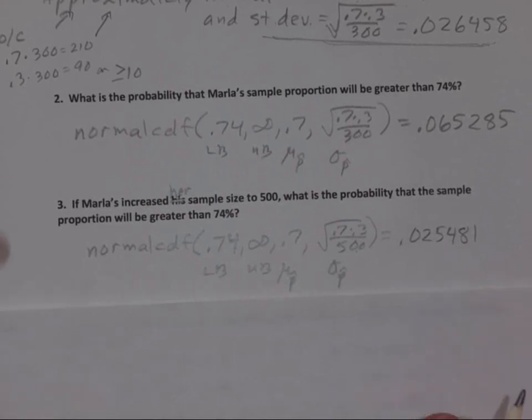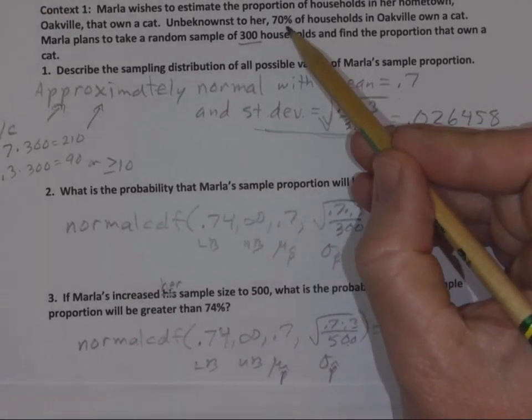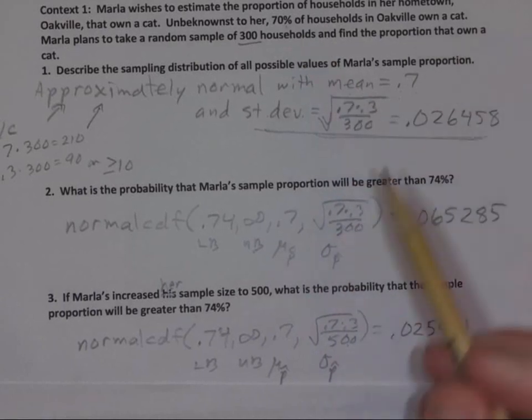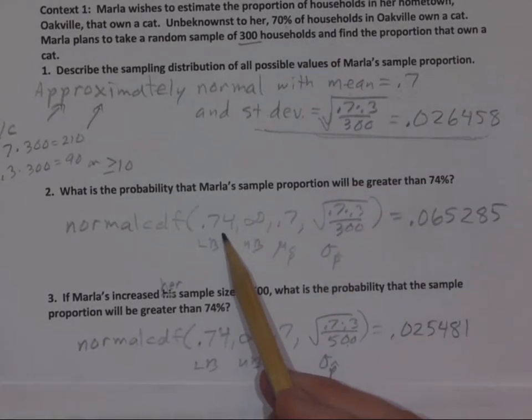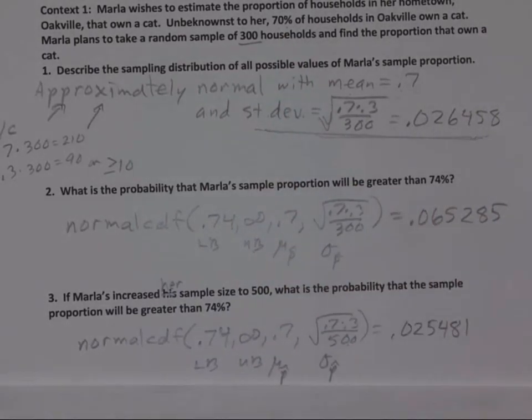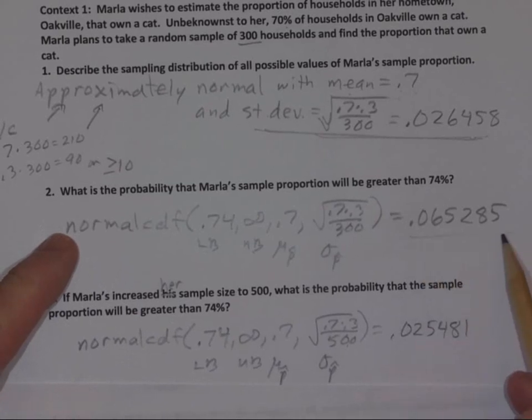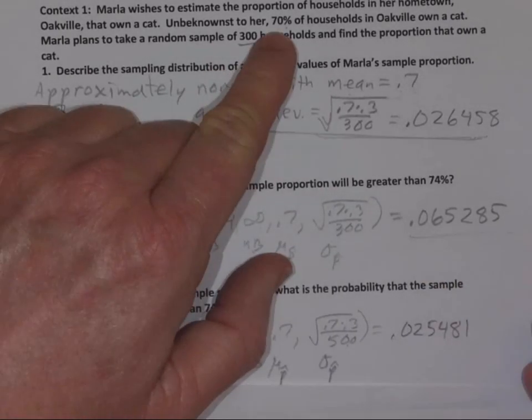And so the relevance of this, as you know, is that this is sort of the basis of a hypothesis test. It's like we're testing this 70% figure. And we got 74% in our sample. Does that provide us evidence against the 70%, or is it plausible that that difference is due to sampling variability? Well, in number 2, our p-value is above 0.05, so we would not have reason to doubt that.